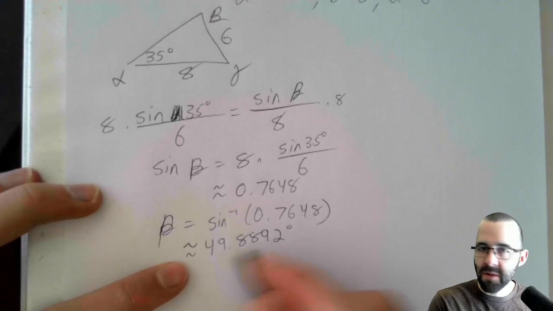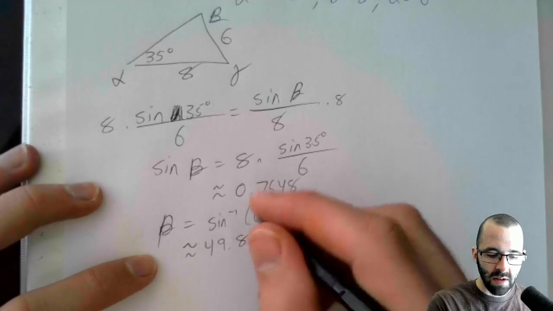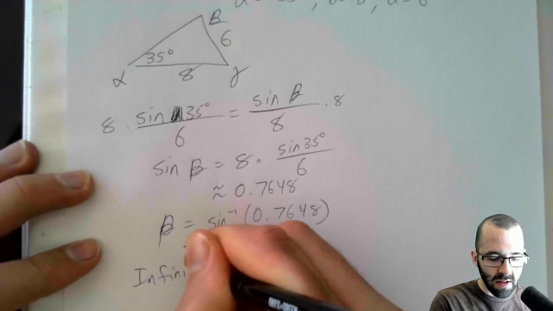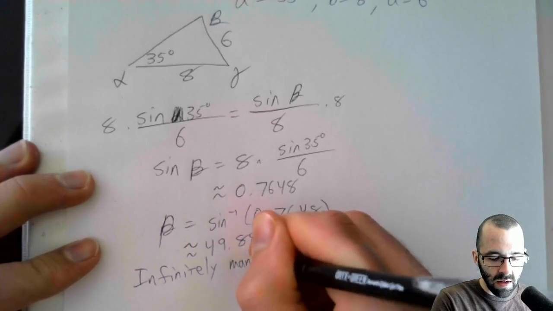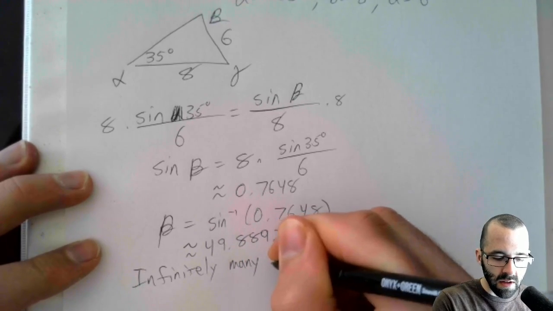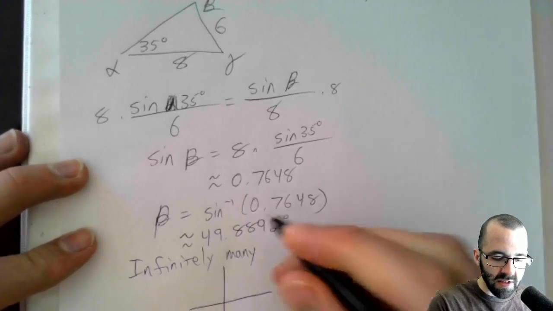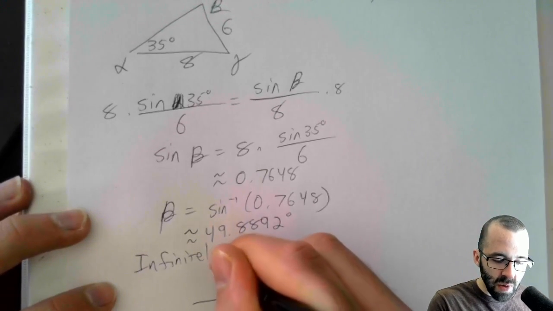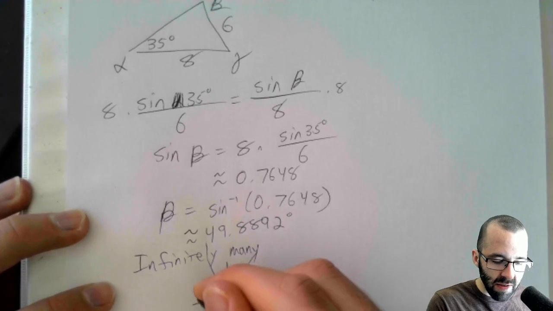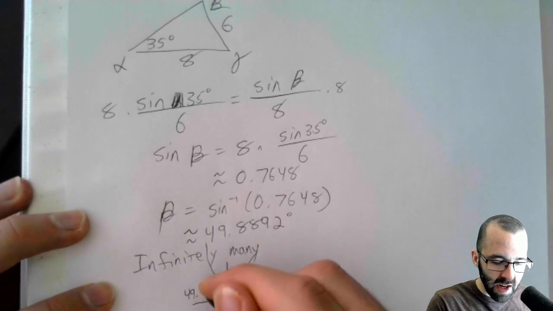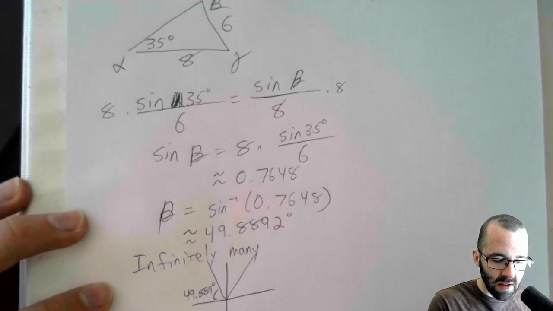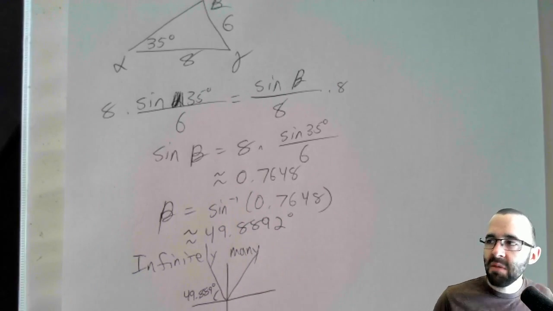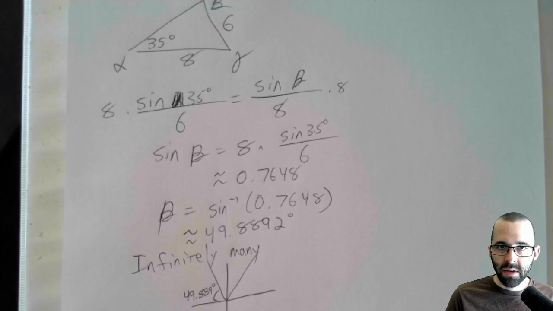This is only our answer in the first quadrant, about 50 degrees. But there's also one in the second quadrant that also has a reference angle of 49.8892 degrees. So we need to find what is our angle in the second quadrant and does it make sense for this triangle?